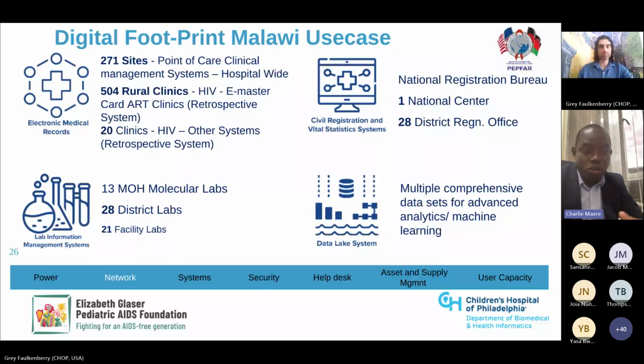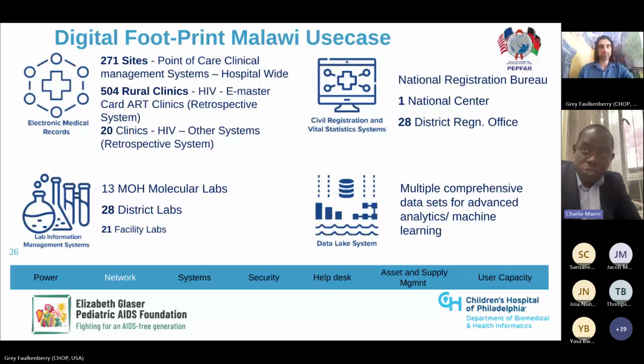They interface with all other areas within the health system. So in Malawi, as of now, there are about 271 sites which are fully point of care clinical management systems, which is hospital wide.